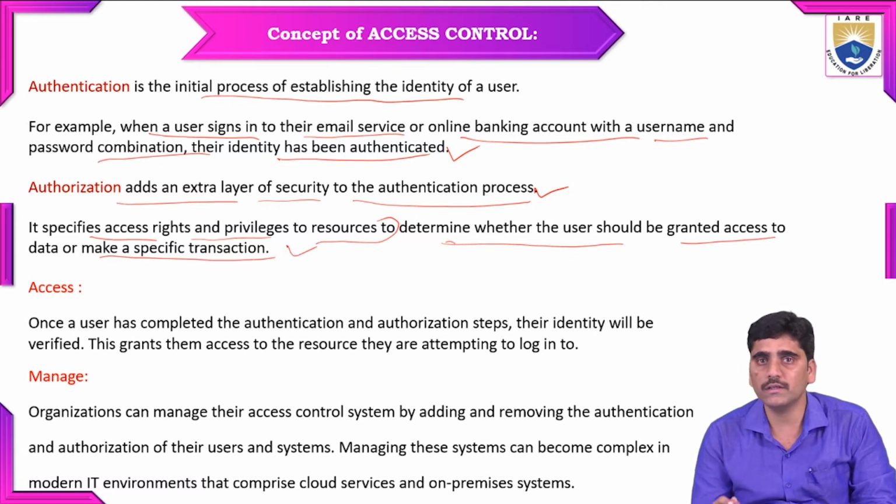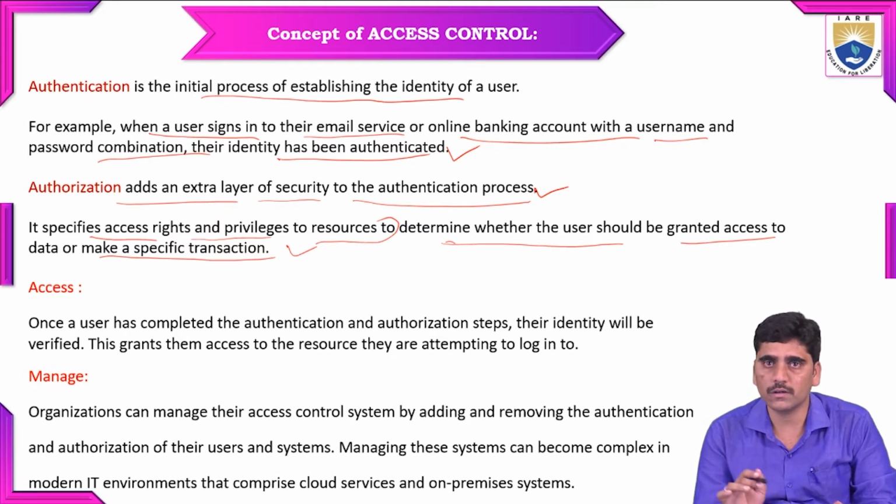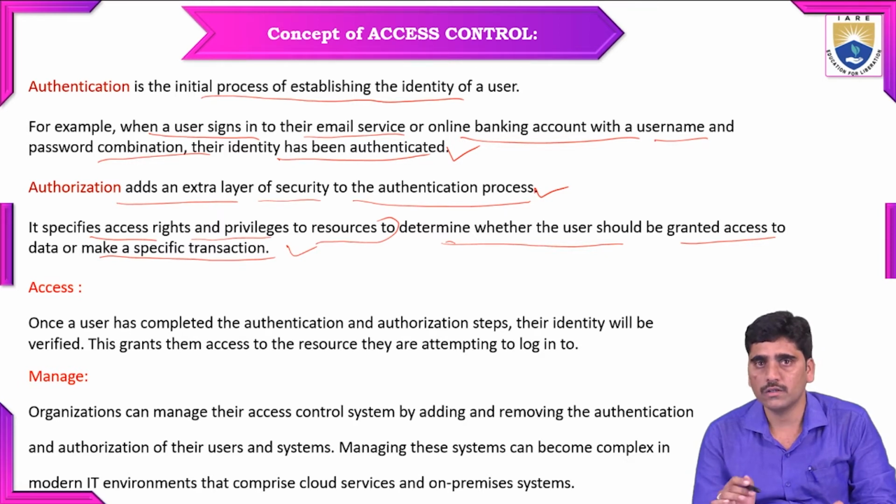So he must be authorized at the level where he can access that particular transaction or not. He has some privileges, and is granted some access to the data or to make specific transactions. So he must be a valid user of that particular website or organization.